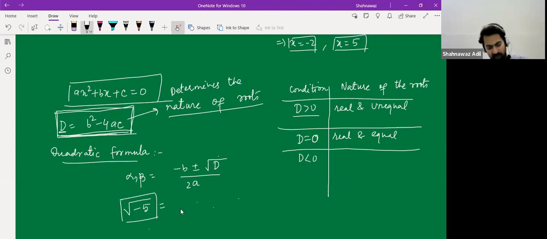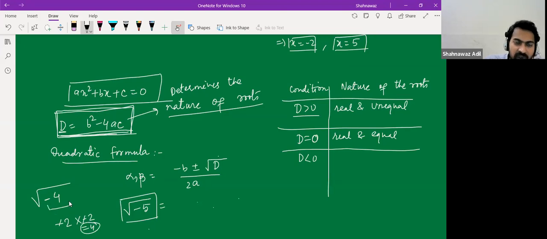So what is the square root of a negative number? Let's say of 4. If you square minus 2, minus 2 times minus 2, this will again be plus 4.